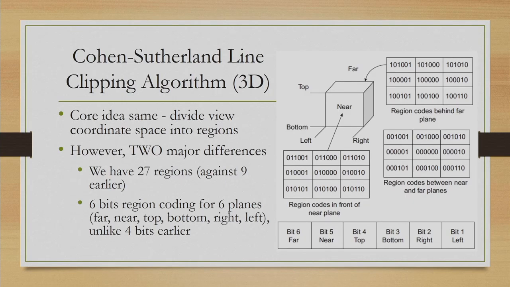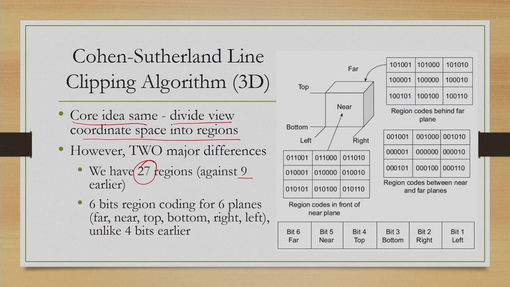In case of the Cohen-Sutherland line clipping algorithm, it can be easily extended to 3D clipping, however, with some modifications. The core idea remains the same, that is, we divide the view coordinate space into regions. Earlier we had 9 regions. Now, since we are dealing with 3D, we have 27 regions, 3 times 9.